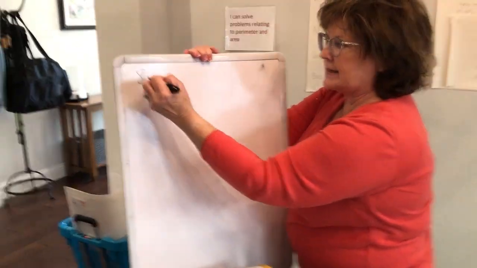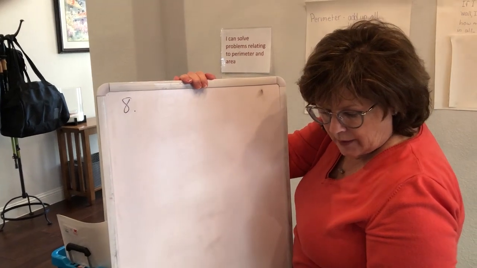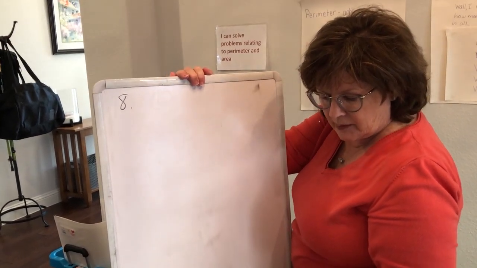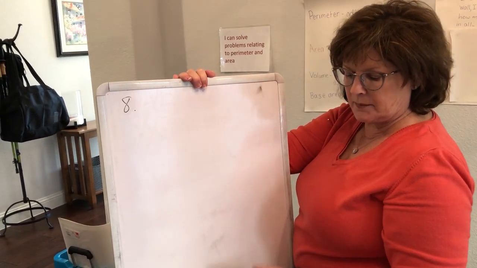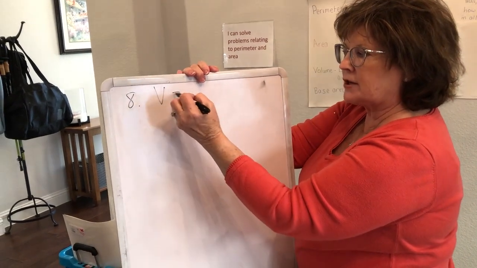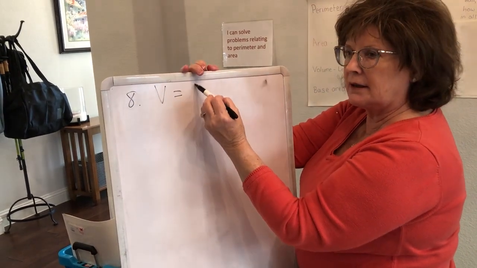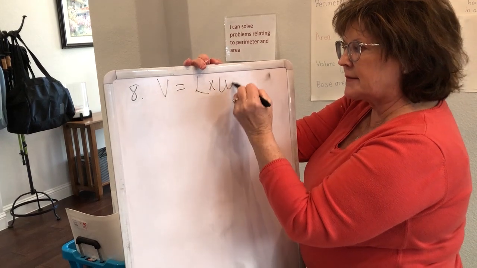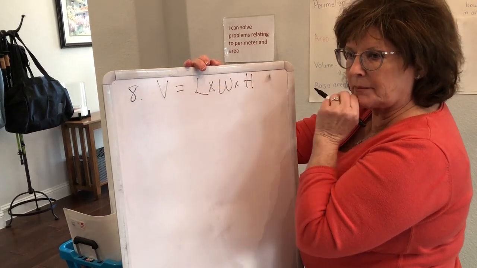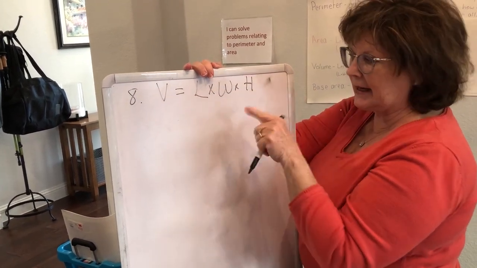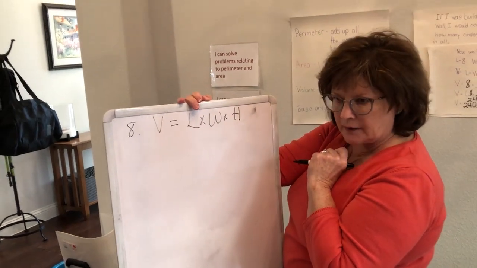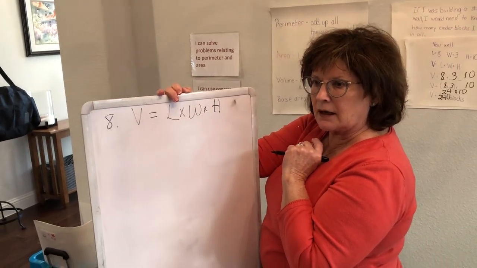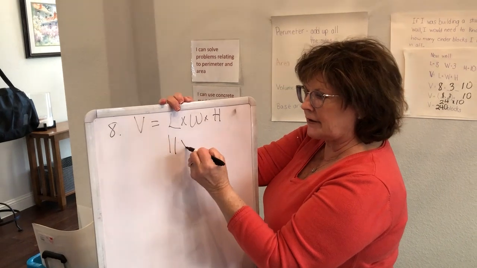And number 8 asks us, which equation can you use to find the number of cubes in this rectangular prism? What is the equation for volume, Blaze? That's right, length times width times height. Good job, Blaze. So, how many cubes are in the length? Mason, 11, good.